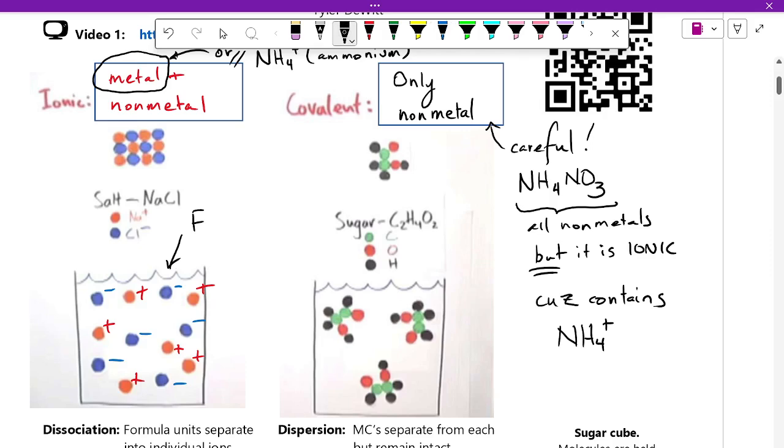And we have freely floating ions. And ions have a charge.